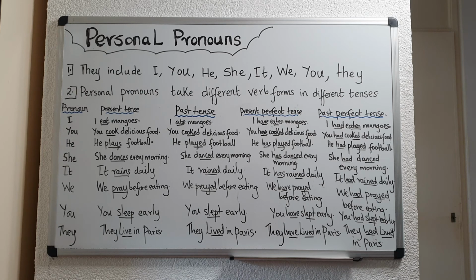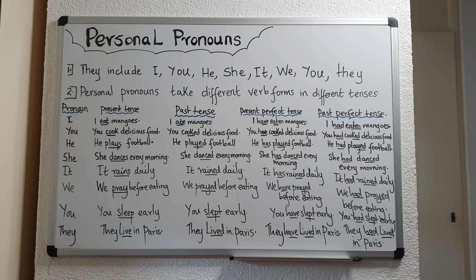We can't add ed at the end of the verb sleep. That is not correct English. You have to change the verb to the correct verb form, which is slept. Okay? And then in the present perfect tense, it becomes you have slept.